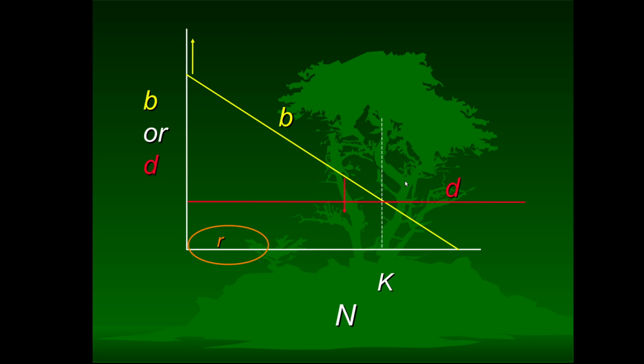But there might be a trade-off, so that increasing the birth rate at low density might cause a decreased birth rate at high density. So increasing at low density causes a decrease at high density, all right, which will cause the carrying capacity to move down to the new equilibrium where the two curves, the birth rate and the death rate curves, cross.